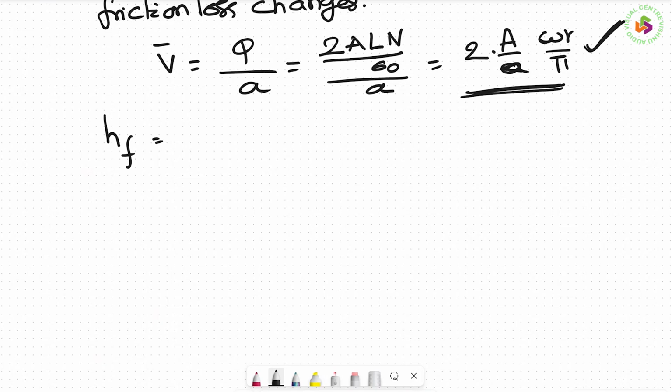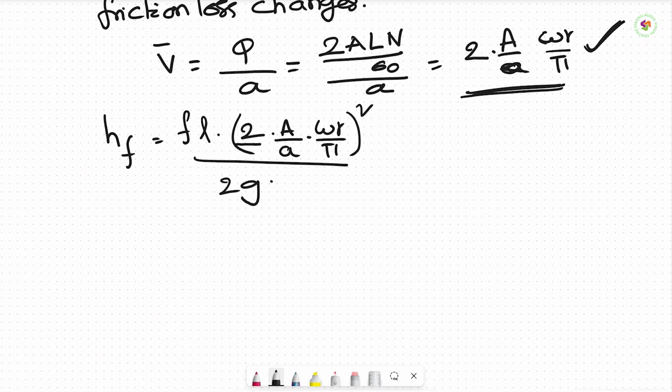HF is equal to FL into (2 into A by a omega R by pi) whole square by 2GD.